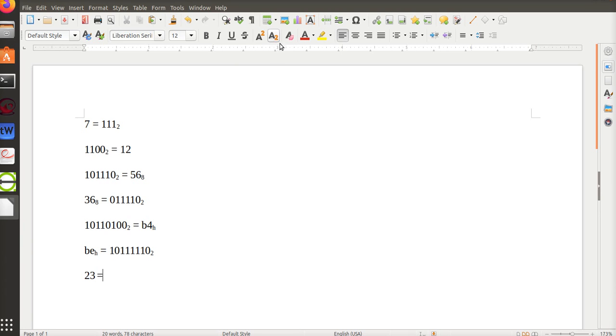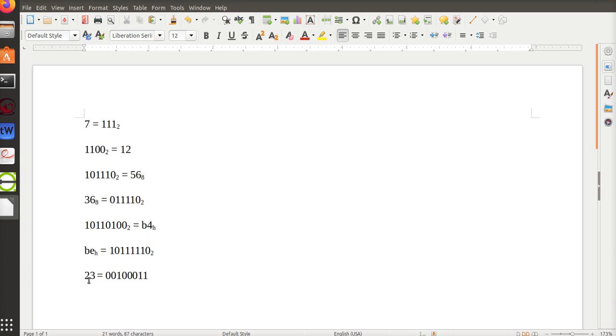Get rid of the equal sign. Equals what? Well, now what you do when you convert from decimal to binary coded decimal is you just pretend this is a hex number. So you're going to come up with a 2, which is 0, 0, 1, 0, and a 3, 0, 0, 1, 1.